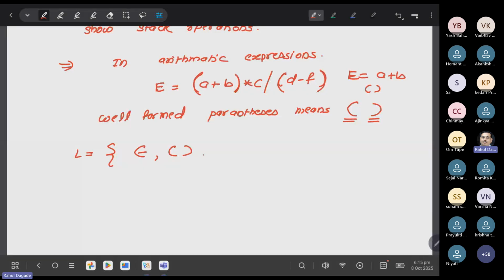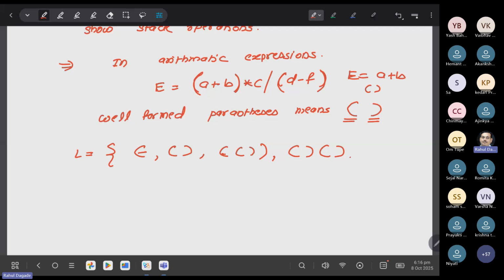Then we have two opening parentheses and two closing parentheses. So what are the different combinations of that? This is one combination. Another combination could be this. This is also a valid well-formed parenthesis in which two opening and two closing are there. Now, three opening and three closing. What will be the language?